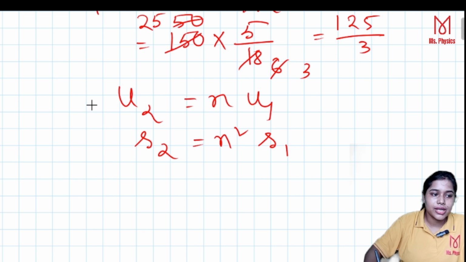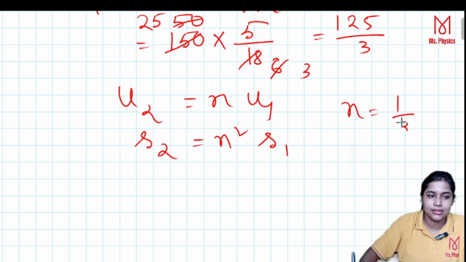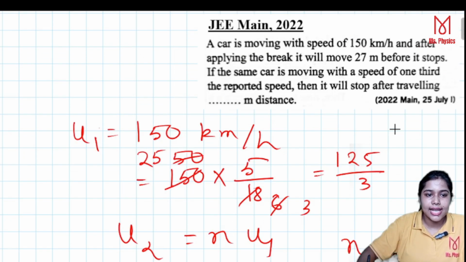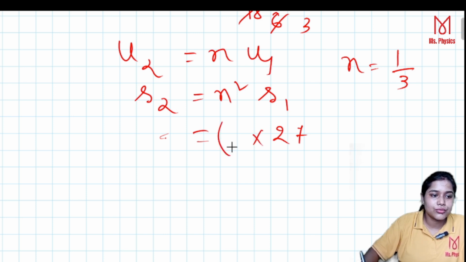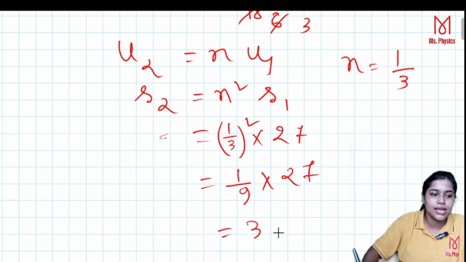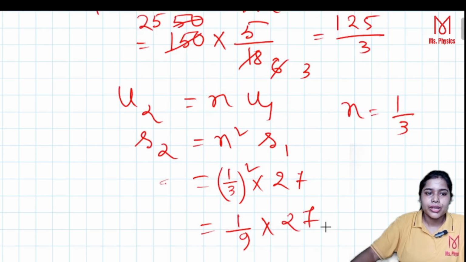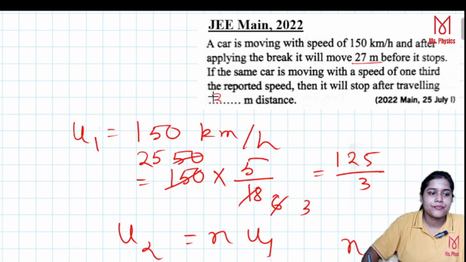So here n is already given: n is equal to 1/3. And S1, the initial distance, is also given: 27 meters. So 27 multiplied with 1/3 whole square, that means 1 over 9 multiplied with 27 gives you 3 meters. So 3 meters would be the answer. This is the short trick.